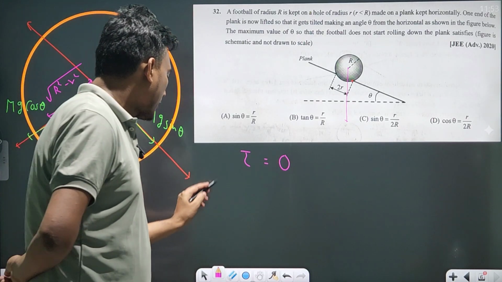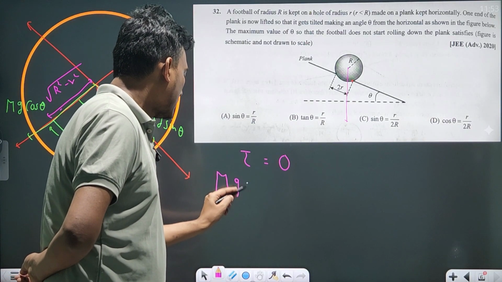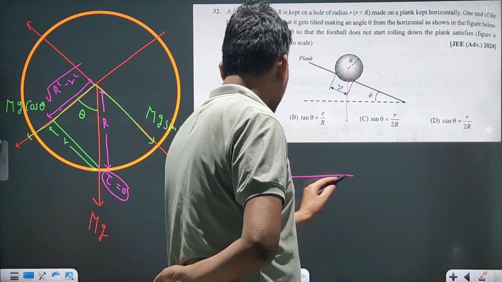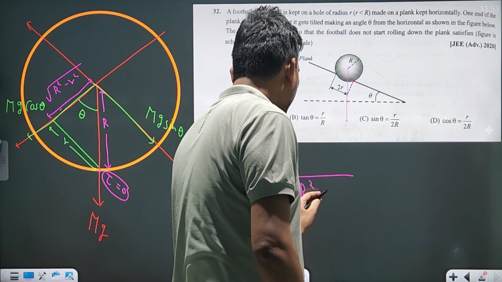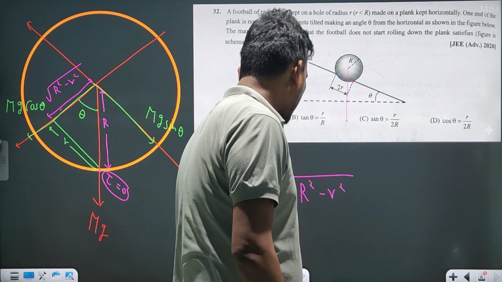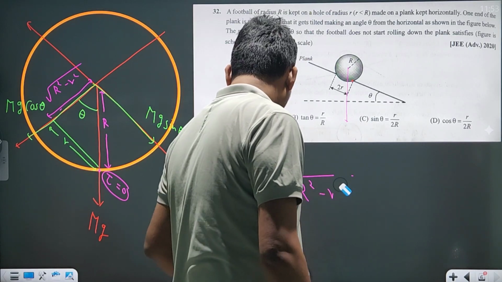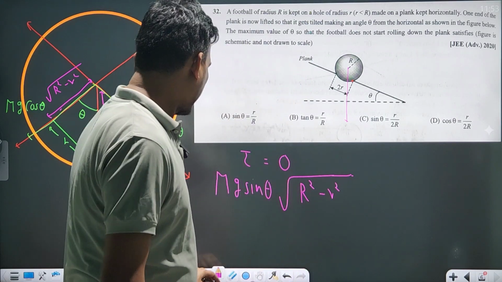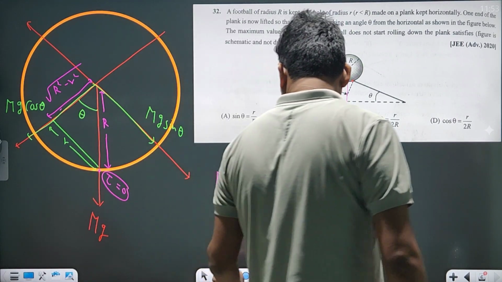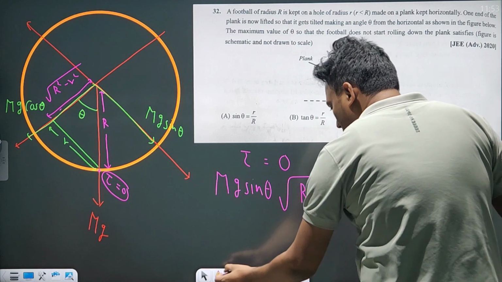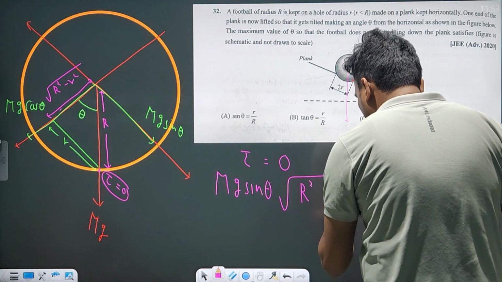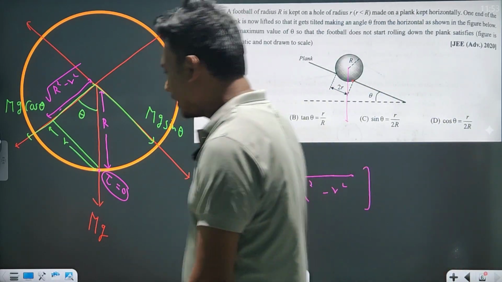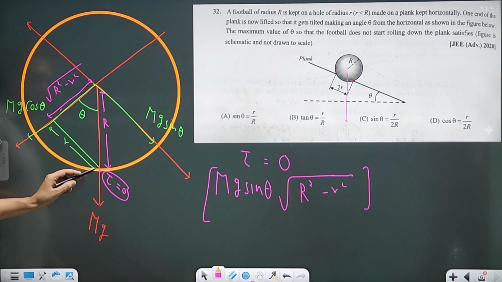So the torque is the force mg sin theta times the perpendicular distance, the square root of R squared minus small r squared. So this is the torque of the component mg sin theta about this bottom point.